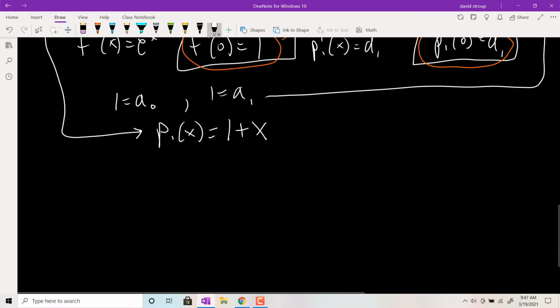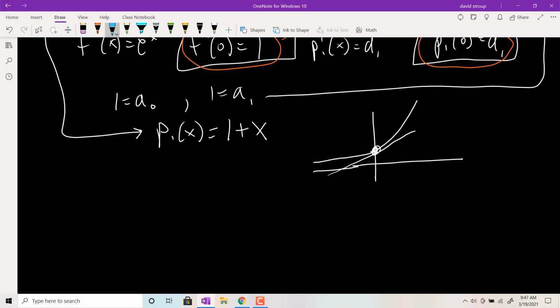If you were to look at the graph, this becomes a pretty good approximation, but only at that point. So here's e to the x. We're using this polynomial centered at the point 0, 1. And 1 plus x has a slope of 1 and a y-intercept at 1, so it'll look like this. And if you zoomed in really close, like right here, you could see that it's pretty close to the original graph.